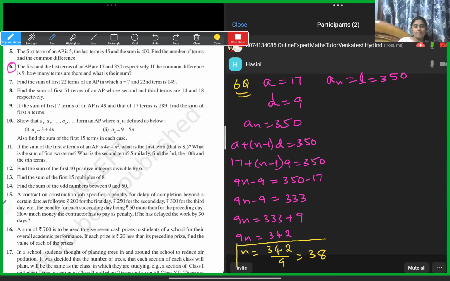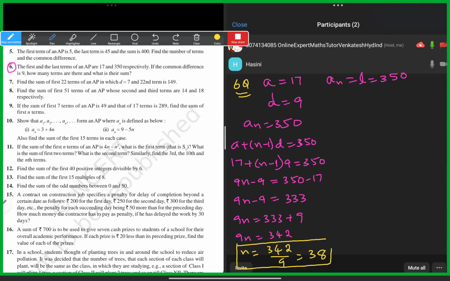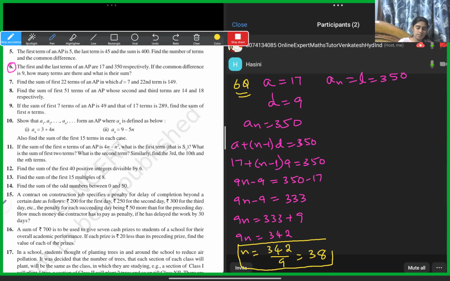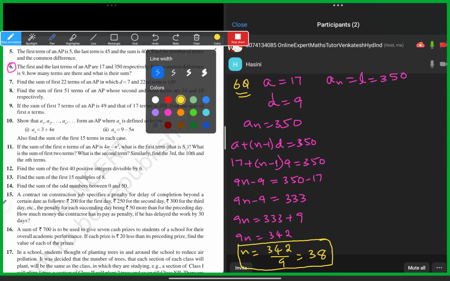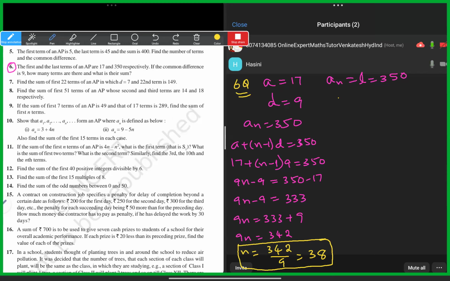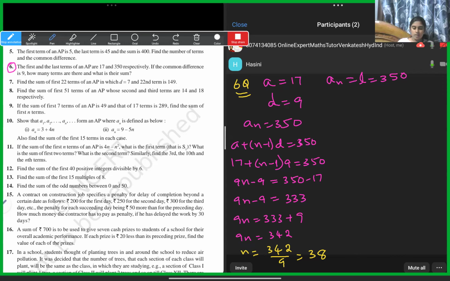Yes, Hasni. So the n value we got, Hasni. If you have any doubt, you can ask us. No, sir. Now, Hasni, you can see the n value we got. We need to find the sum. We have a, d, and now n also, Hasni.